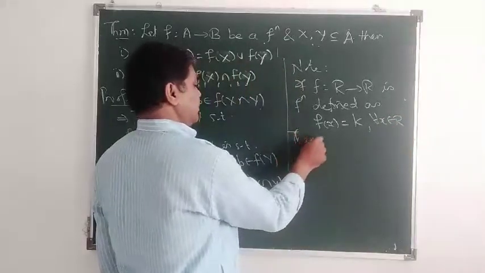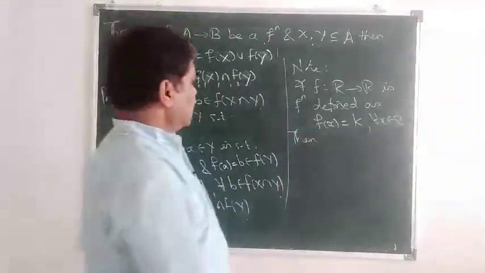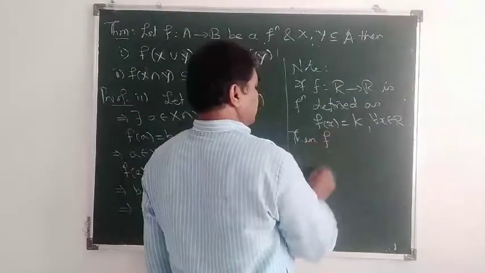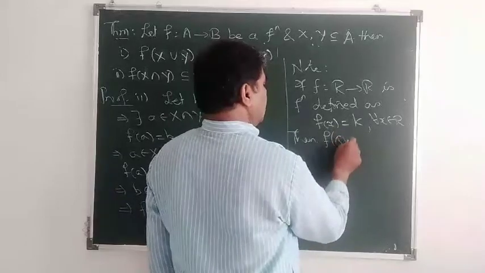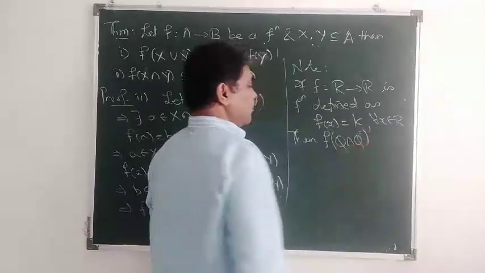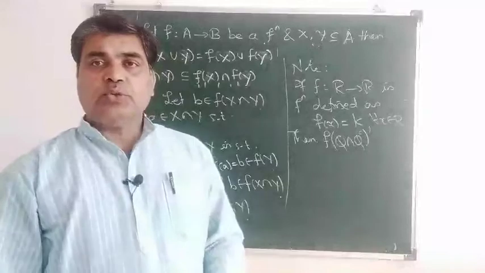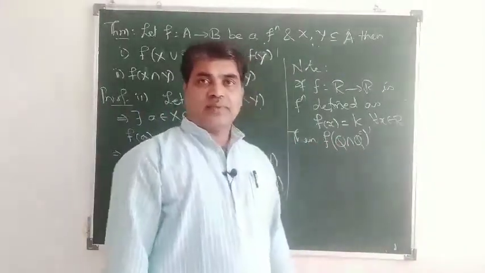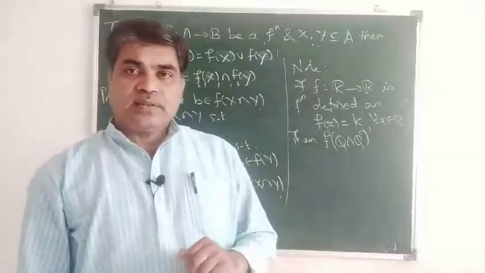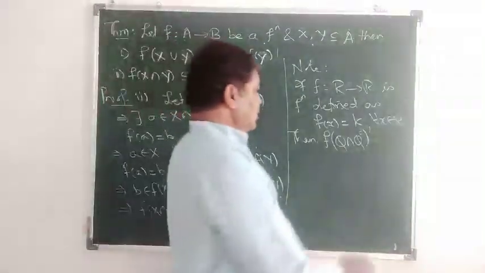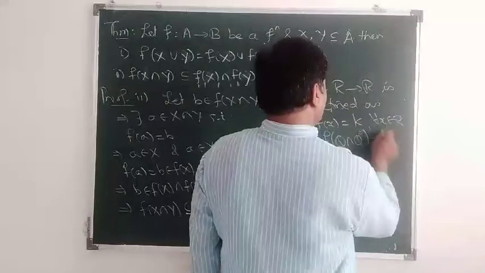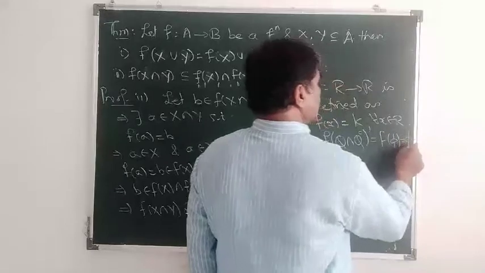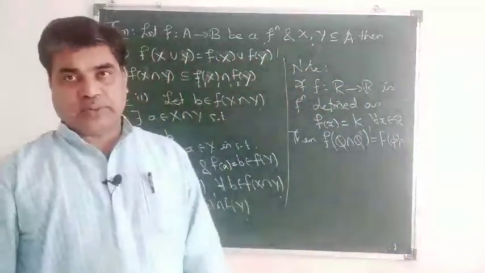then f of Q intersection Q complement. What is Q? Set of rationals. What is Q complement? Set of irrationals. Their intersection is the empty set. So it becomes f of phi is equal to phi. f always maps the empty set to the empty set.